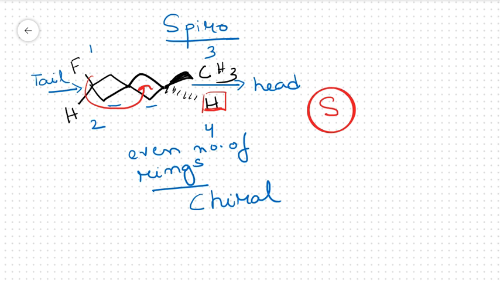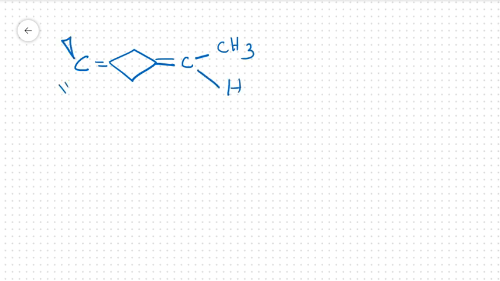But if you need to identify in your exam, a complex compound may come like this, with the combination of both allene and spiro. So what will you do? This thing should be made in your mind and you should be much more confident in configuring the RS nomenclature.